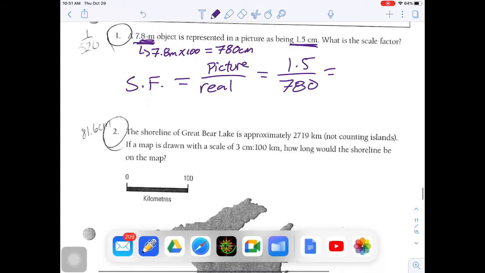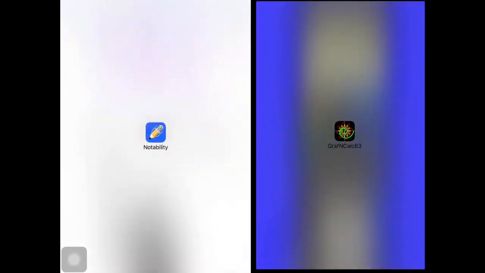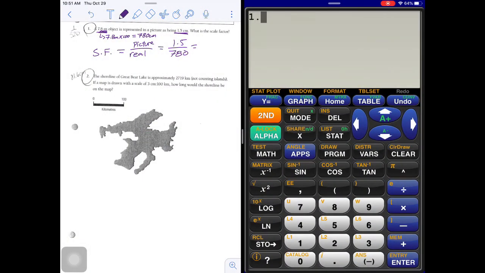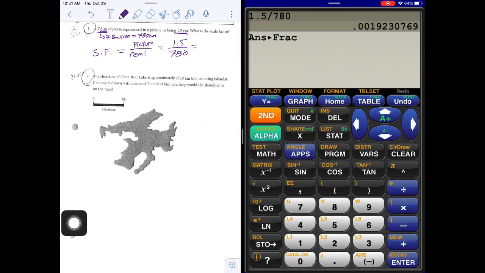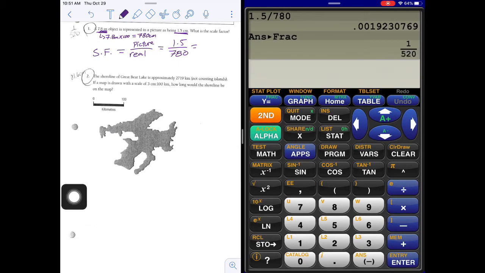So let's see what that gives me for my scale factor. So 1.5 divided by 780. Okay, that gives me a pretty ugly number. Now your calculator has a pretty neat tool where you can press math and then you can press fraction. Okay, and that will give you 1 over 520.